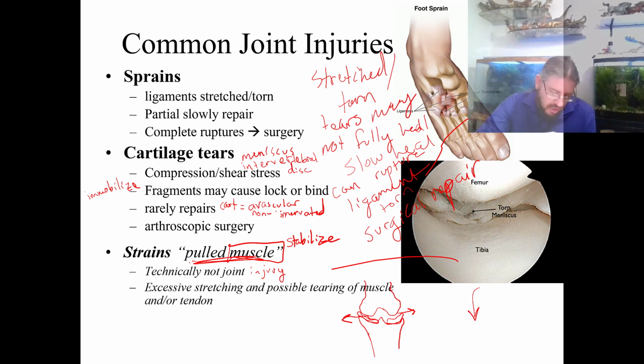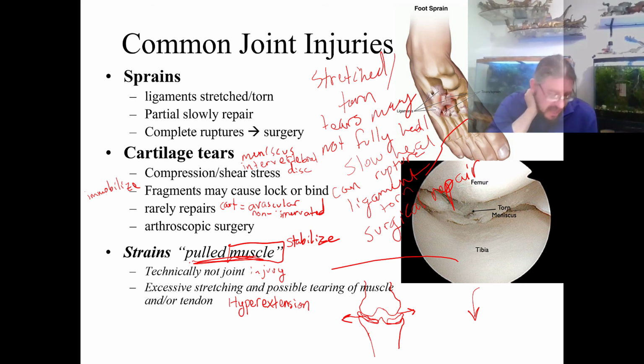Essentially this occurs when you have excessive stretching and or tearing of a muscle or tendon. Often this can be associated with hyperextension. When hyperextension reaches a dangerous level, it strains the muscle.